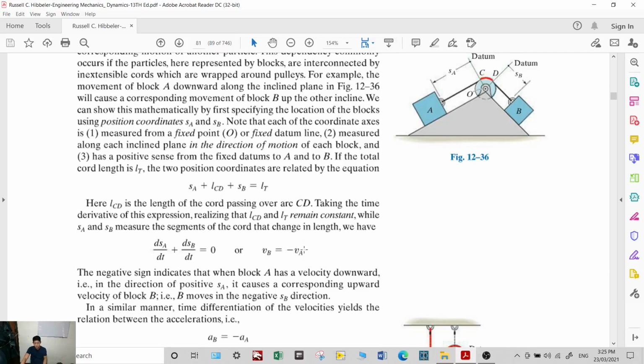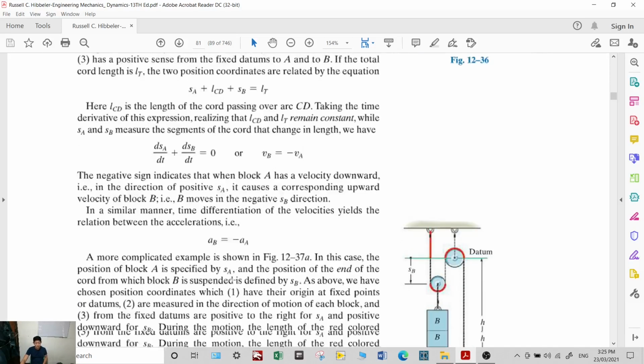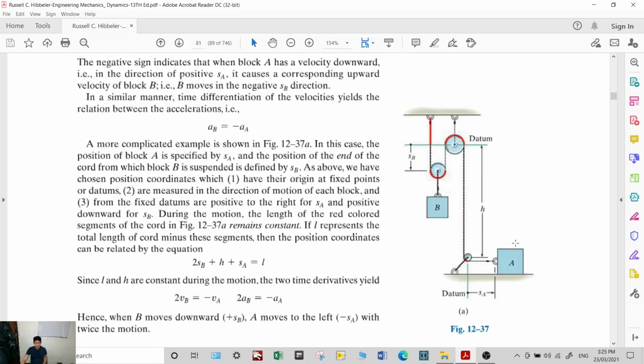That is why you have this negative sign. Differentiating this equation with respect to time gives you this relation. Sometimes you need to have two datums.